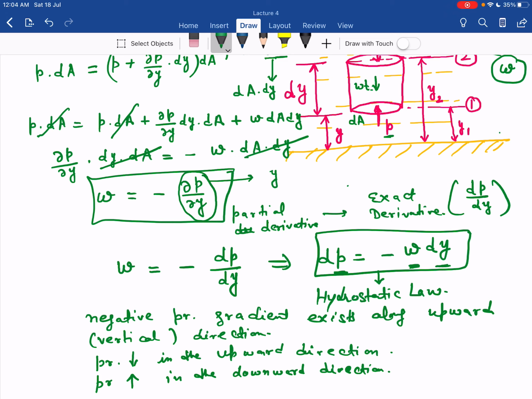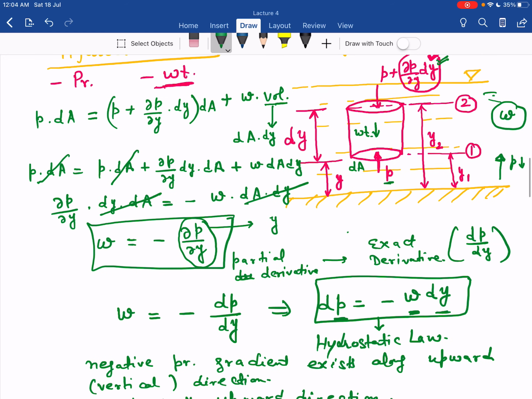So this is our upward direction; in this upward direction, pressure decreases. And this is the downward direction; along this direction, pressure increases. So that is the hydrostatic law.